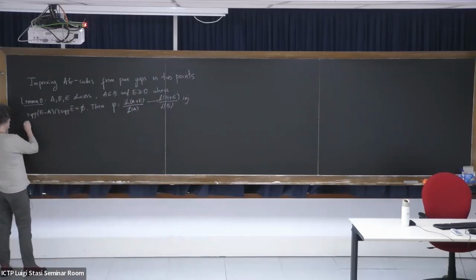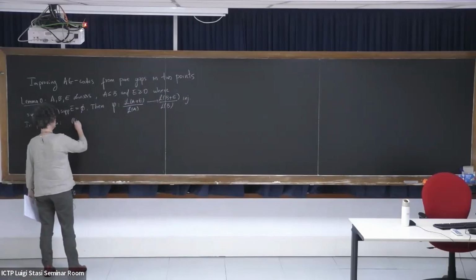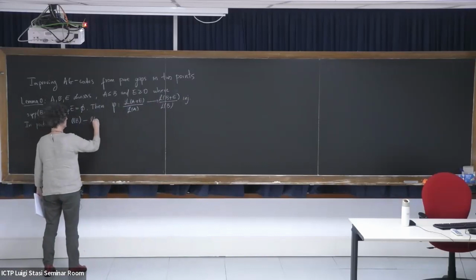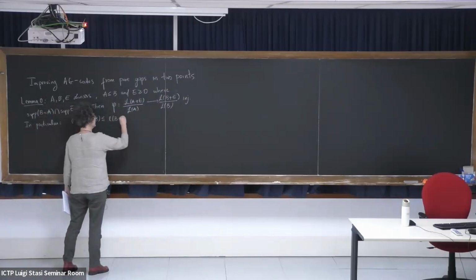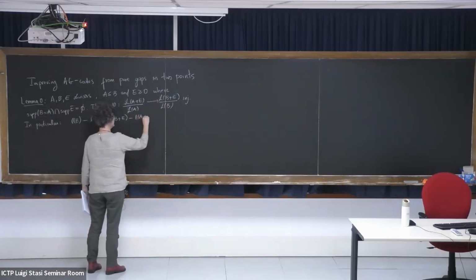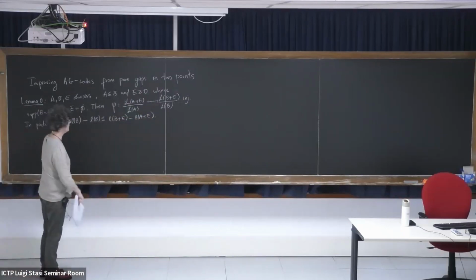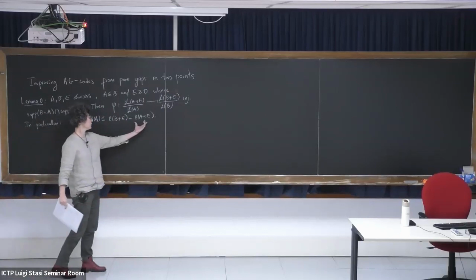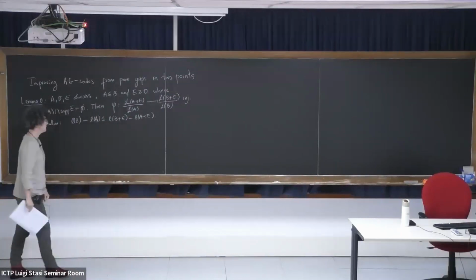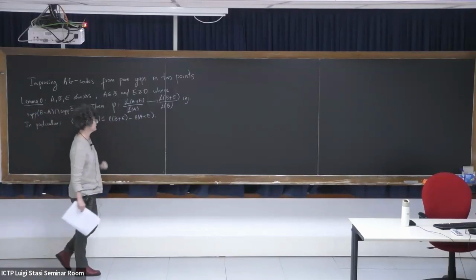So in particular, we can write like this: the dimension of this minus the dimension of this is smaller than the dimension of B plus E minus the dimension of A plus E. So you are saying that the dimension of the Riemann-Roch space defined by this minus this is smaller than this minus this, okay?